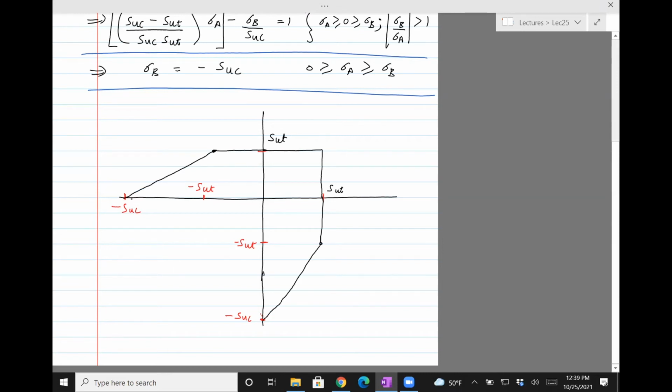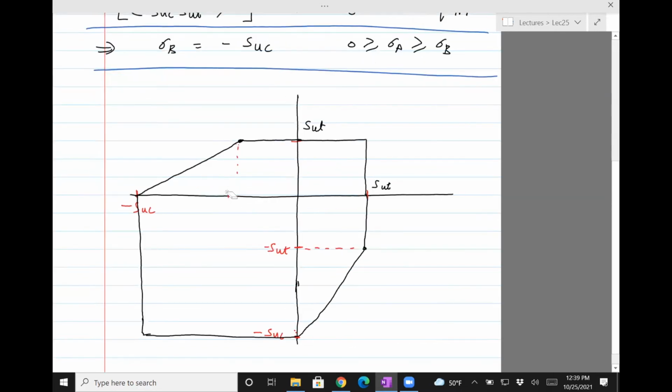And in the third quadrant, it pretty much is a box or a square. So this is where the difference is between modified Mohr and Coulomb Mohr.